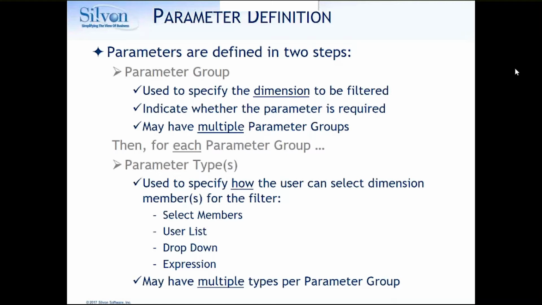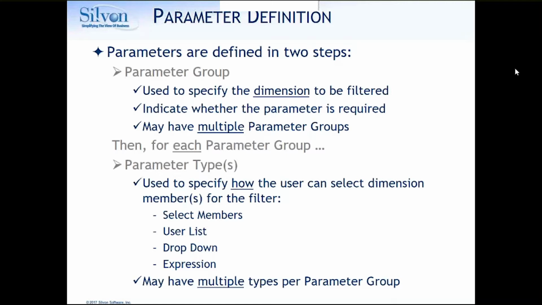Again, it's not realistic to expect a casual user or even an everyday kind of user to enter that kind of expression value. So really, the first three, select members, user list, and drop-down, are the most common that are used in parameter prompting.